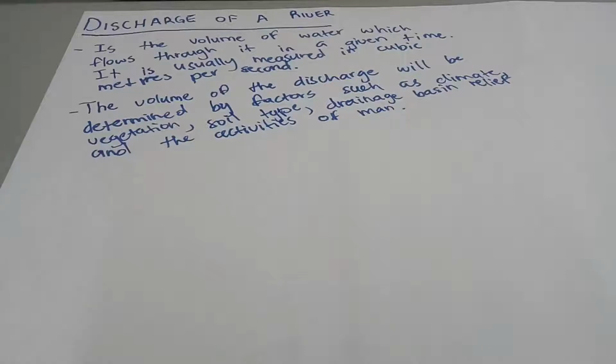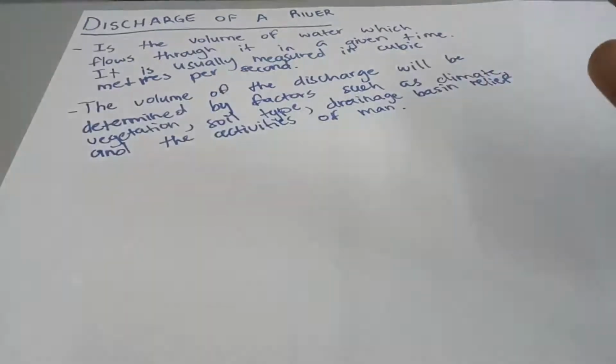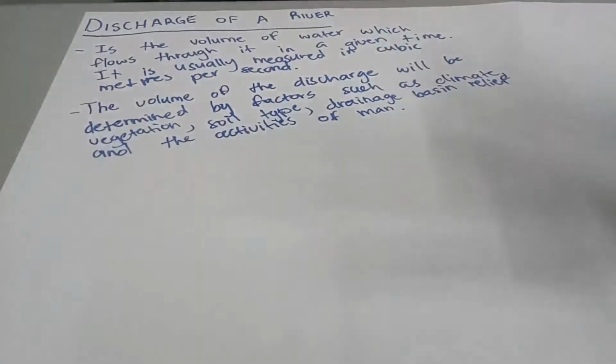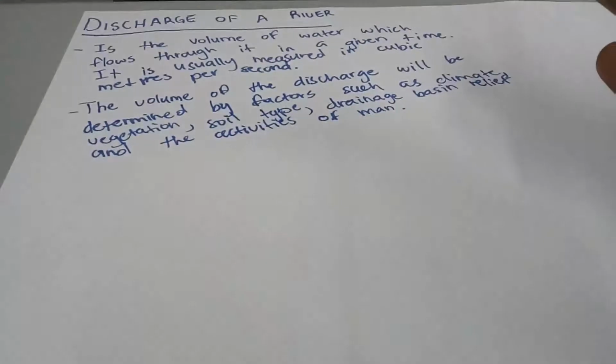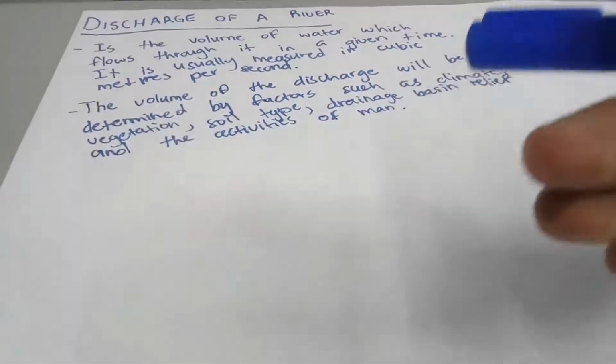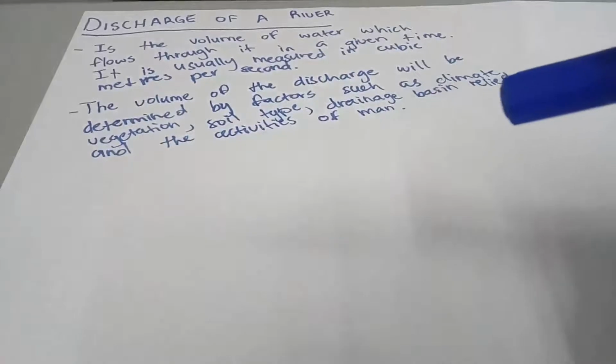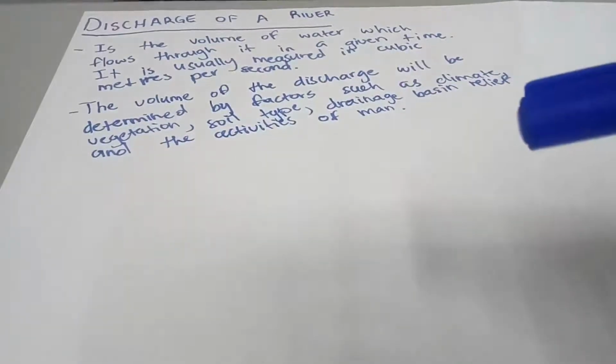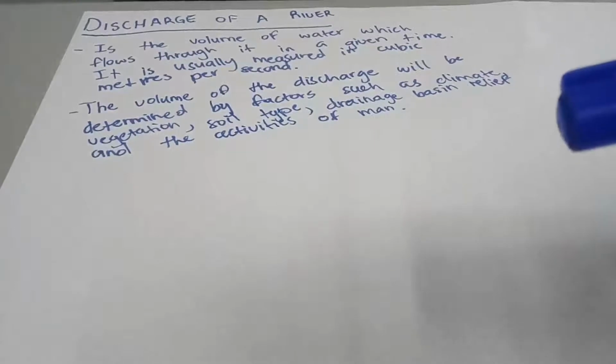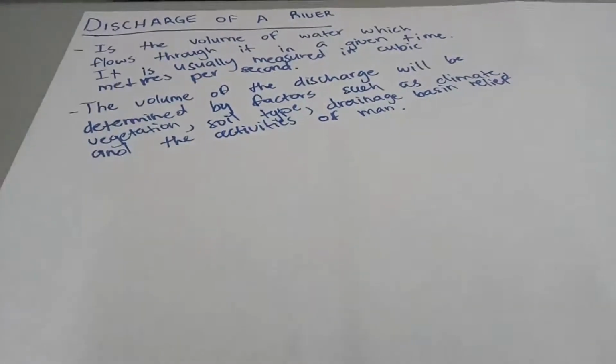Then if there is a clay soil type, you can see the particles are closely packed. It's something that is solid, so there will be high runoff potential, meaning that the water will cause a high discharge of a river. Yes, that's how it goes, guys.